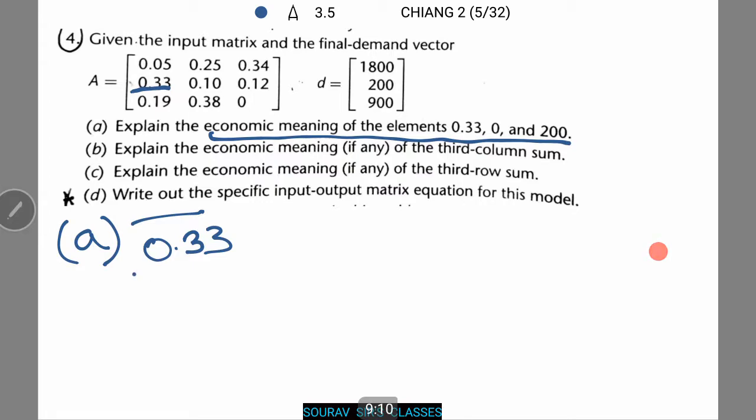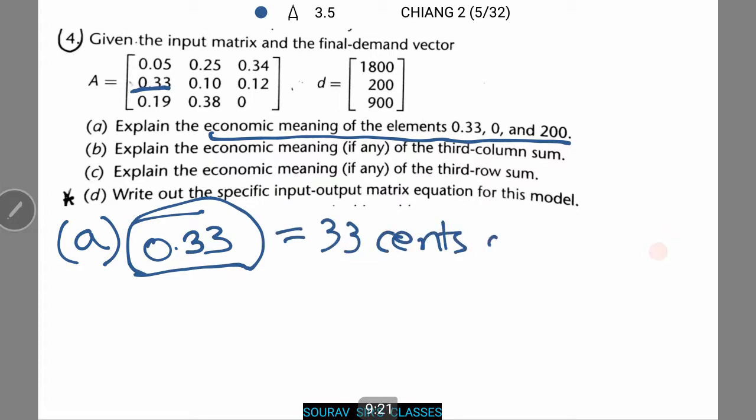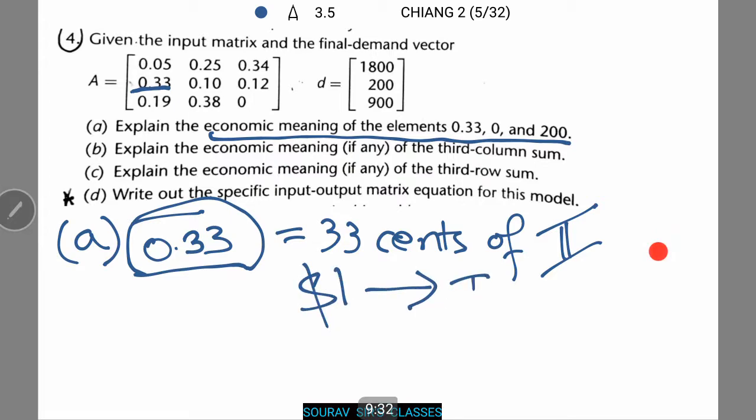This means 0.33 means 33 cents of commodity 2 is needed as an input for producing $1 worth of commodity 1.